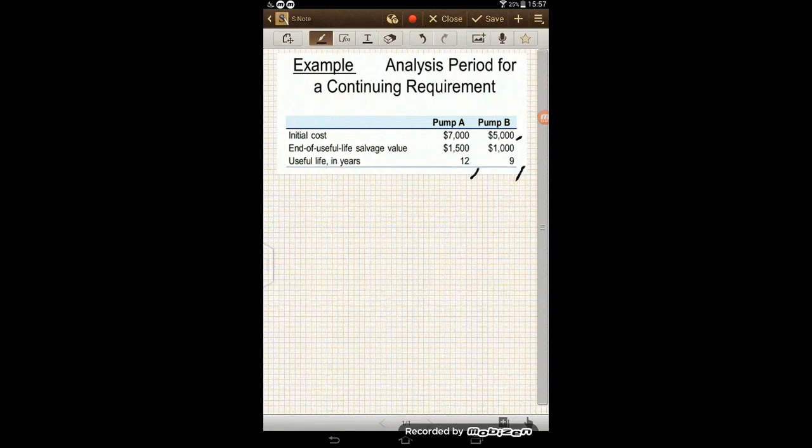We just need to use our simple formula again, which is the equivalent uniform annual cost for A: 7,000 minus 1,000 is 5,500, multiplied by A over P, 7% for 12 years, which is A over P, 12 years, 0.1259 as before, in the previous question, right?